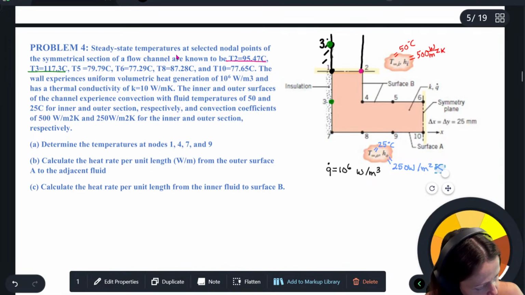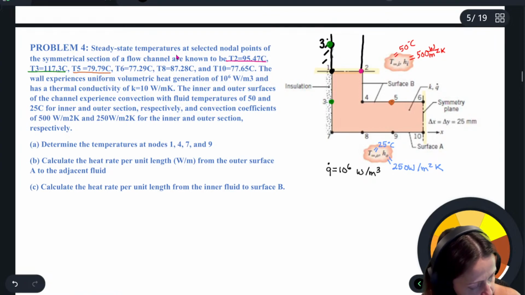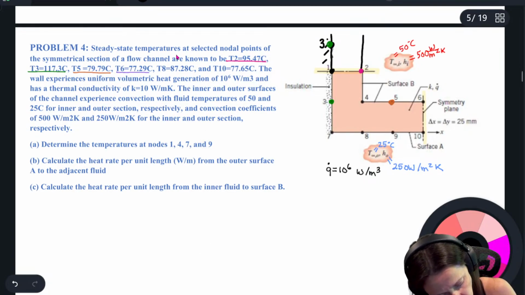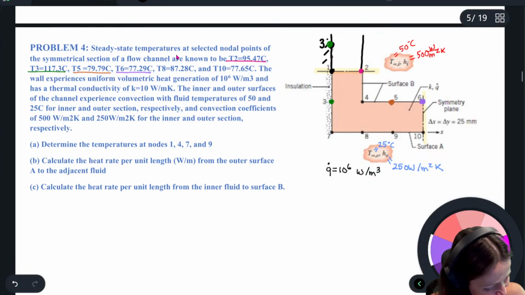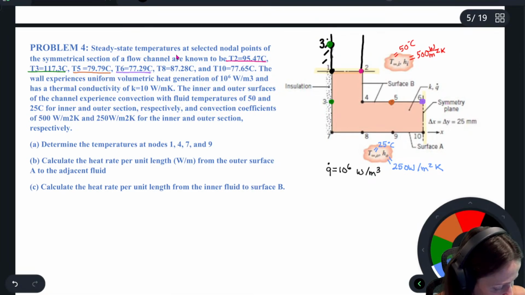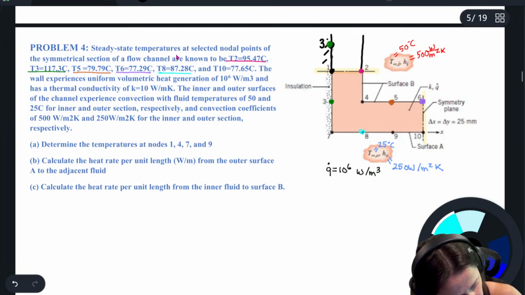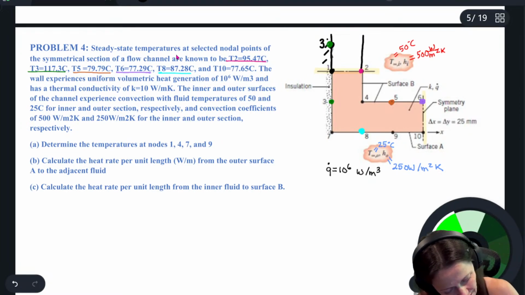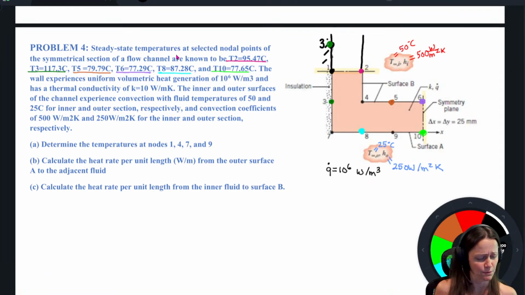T5, make him orangey. T6 is going to be purple. And then T8 will be neon blue, and we'll do neon green for T10. There we go. If nothing else, it looks beautiful and colorful.